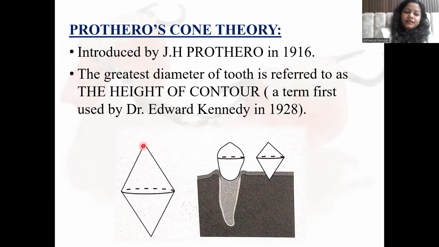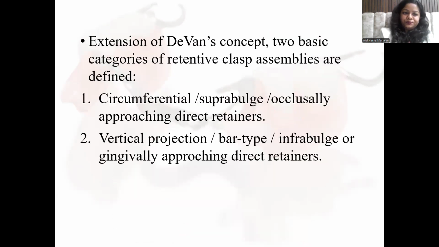So he says that there are two cones and they share a common base, and this is similar to the crown which is clinically present in our mouth. This concept was explained as the height of contour, which was given by Edward Kennedy in 1928.